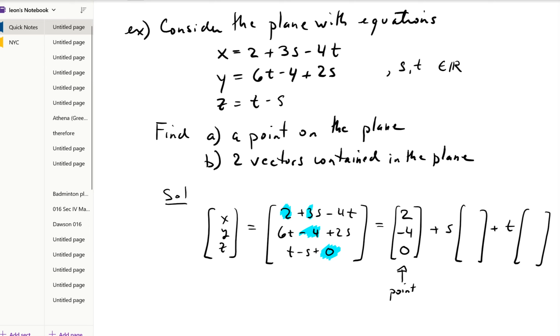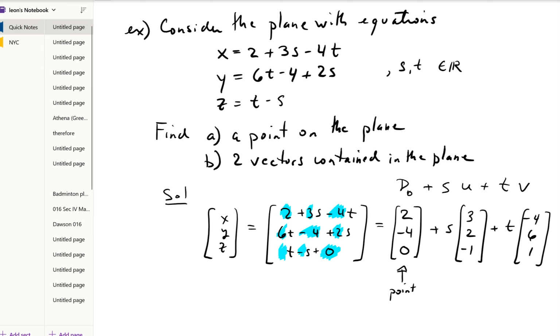Well, 3, 2, and minus 1. And for t, I have minus 4, 6, and 1. So that's P0 plus s times u plus t times v.